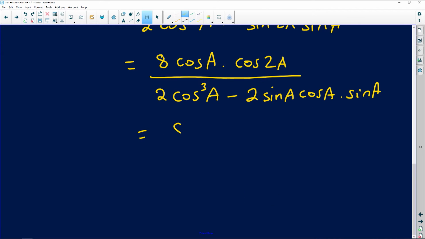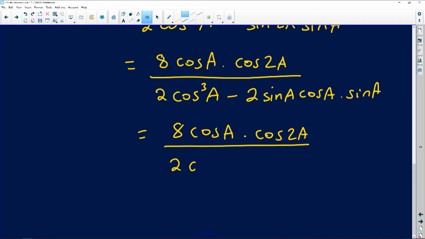And then if you simplify further, you get 8 cos of A multiplied by the cosine of 2A divided by 2 cos cubed A minus, look at something very exciting here, cos A is actually a common factor. If you look there, inside this, I can get cos A and a 2.